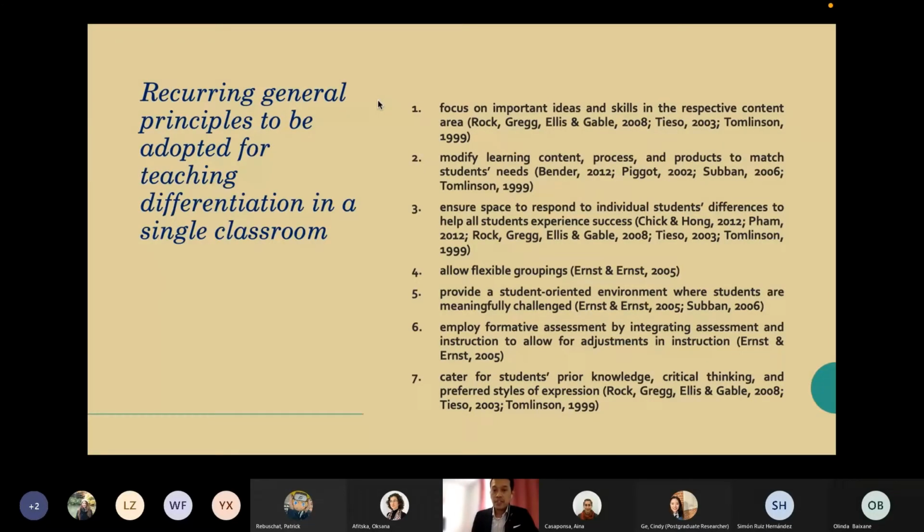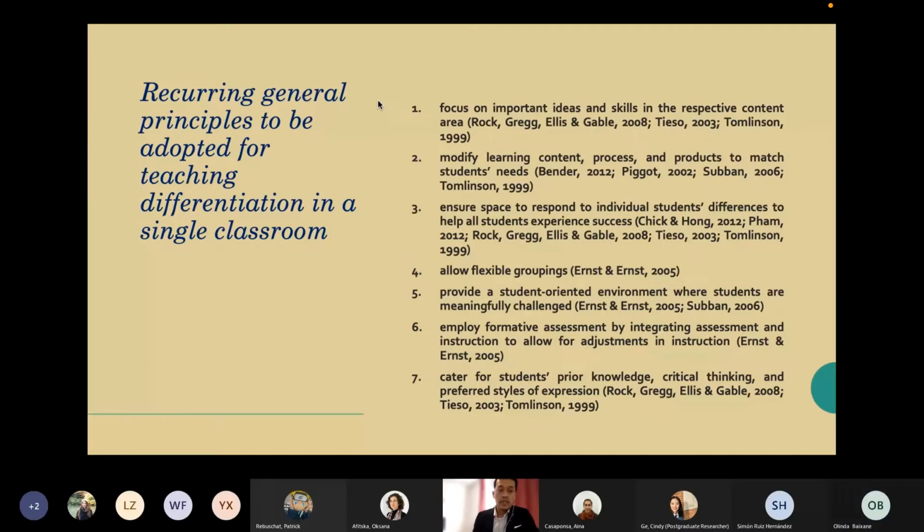And from the list of principles, you can see that differentiation takes place when teachers focus on key ideas and skills by modifying either the content, the process, or product to match students' needs, and by helping all students experience success.